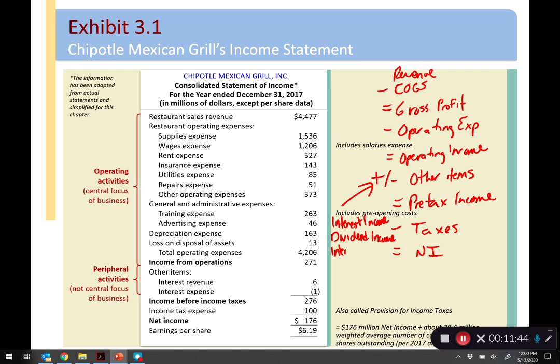Interest expense results from borrowing money, and then those gains and losses we just talked about. So those 5 items belong in the other section, and then every other expense would be considered operating. Again, we segregate the other items because those items may or may not occur again in the future. They're not part of the normal day-to-day operations of the business.